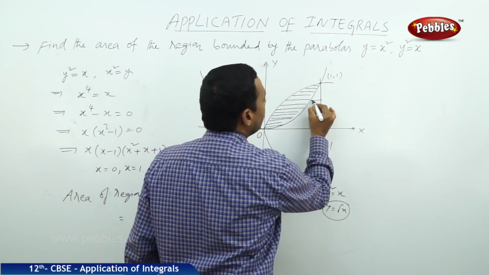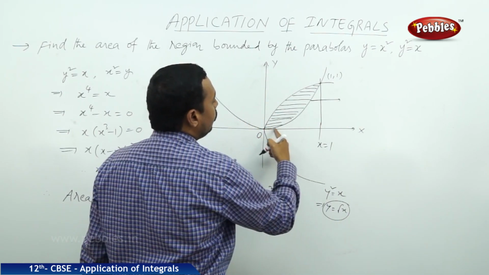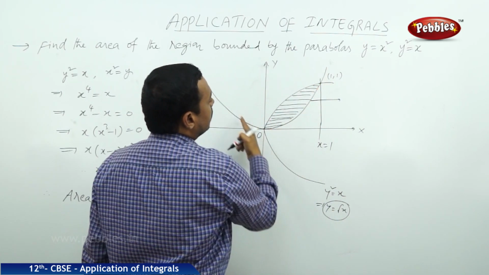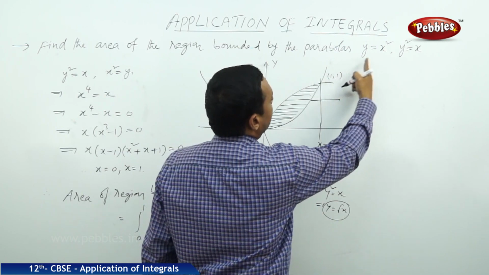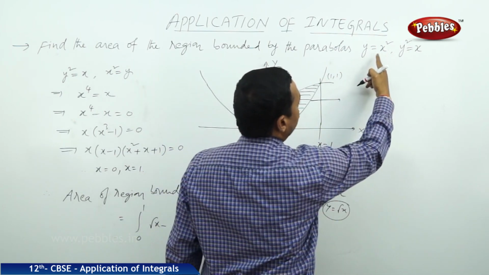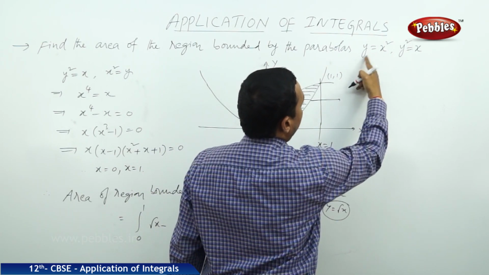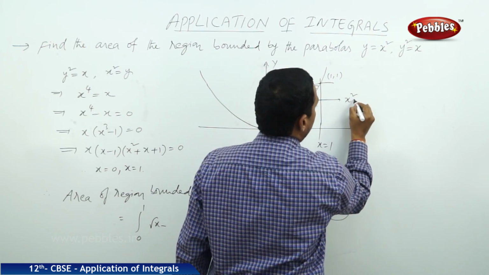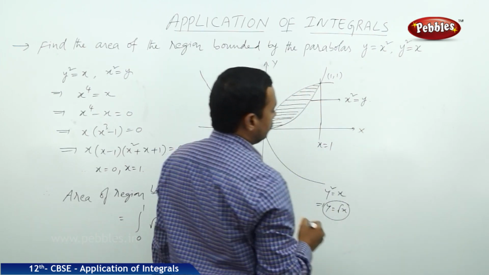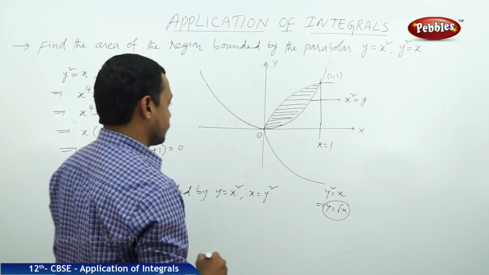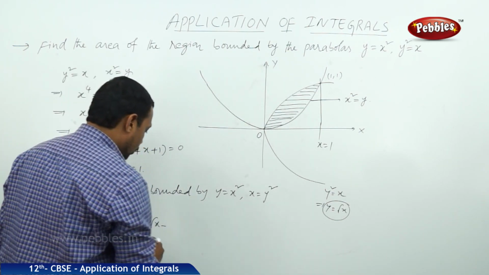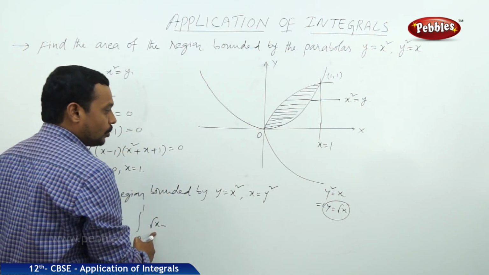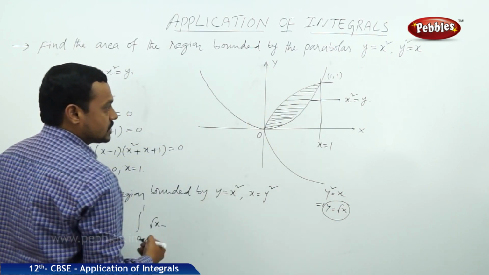And what is the lower curve here? The lower curve is x square = y. From that, y = x square. Therefore f(x) = root x and g(x) = x square.